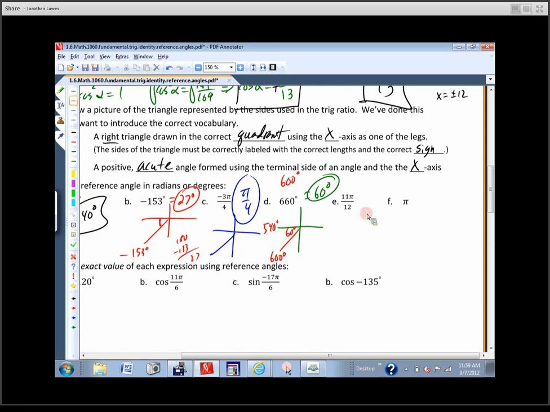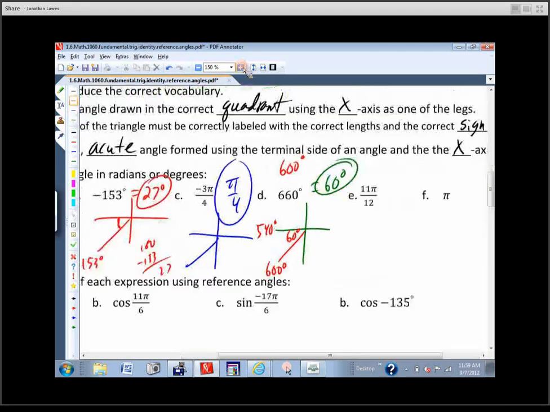Reference angle for 11 pi 12ths. Not a common angle that we typically use, but 11 pi 12ths. We'd think about where this is located, and all I need is a positive acute angle formed with the x-axis.